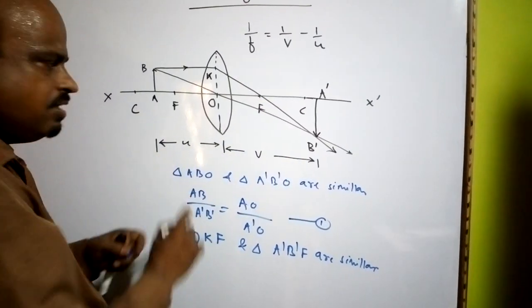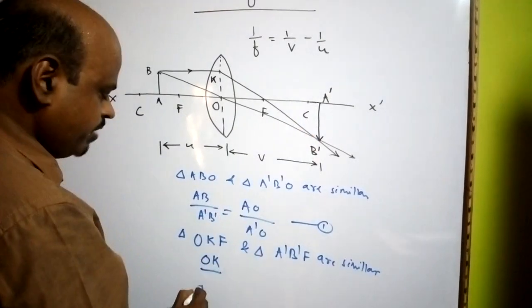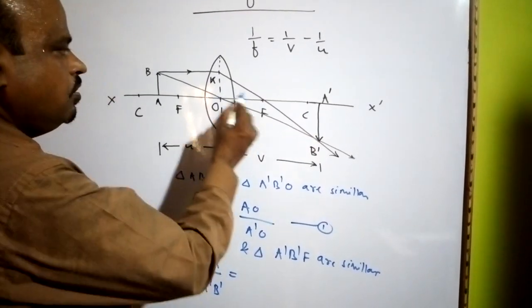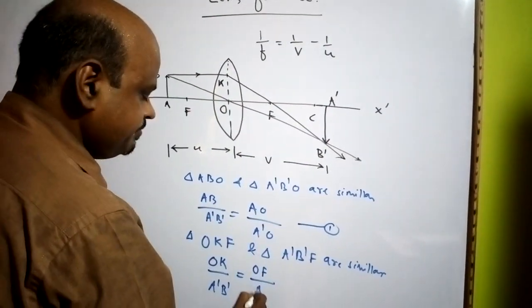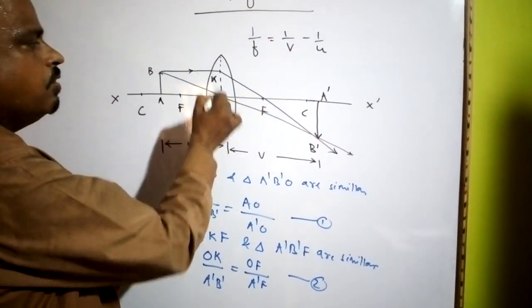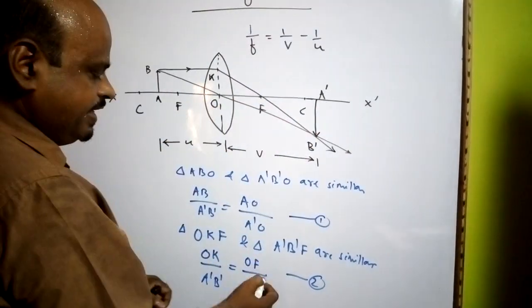So when similar, take the ratio of the sides: OK by A'B' equal to OF by A'F. This is equation 2.